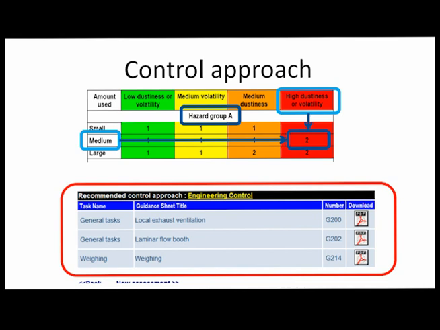As you can see, the ones it's pulled up from the process are local exhaust ventilation or a laminar flow booth. You have to consider which one you want to use. And also there's a task of weighing. So you can have a look at these sheets and it will help you decide what controls you need for that particular process, which is weighing 2 kilograms of this fine powder 6 times a day.